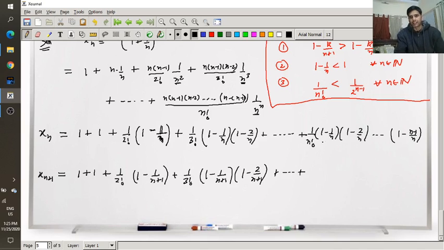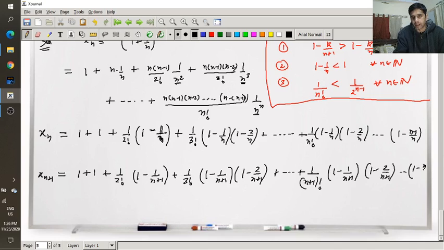This will be the second last term, and the next term will be the last term, 1 upon n plus 1 factorial, 1 minus 1 upon n plus 1, 1 minus 2 upon n plus 1, and so on, and the last is 1 minus n upon n plus 1. Right?